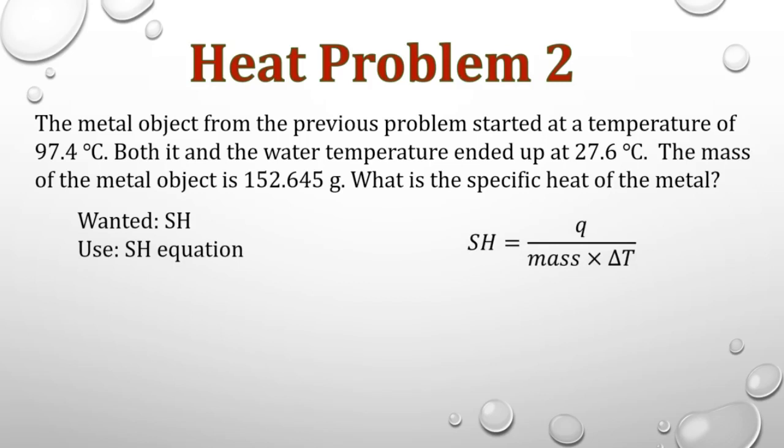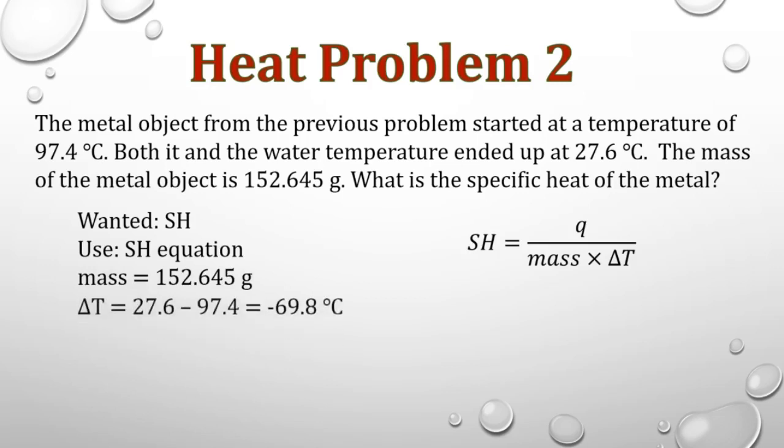The problem gave us the mass of the metal, and we can calculate the change in temperature. The final temperature was 27.6 degrees, and our initial temperature was 97.4, giving us a 69.8 degree drop in temperature.